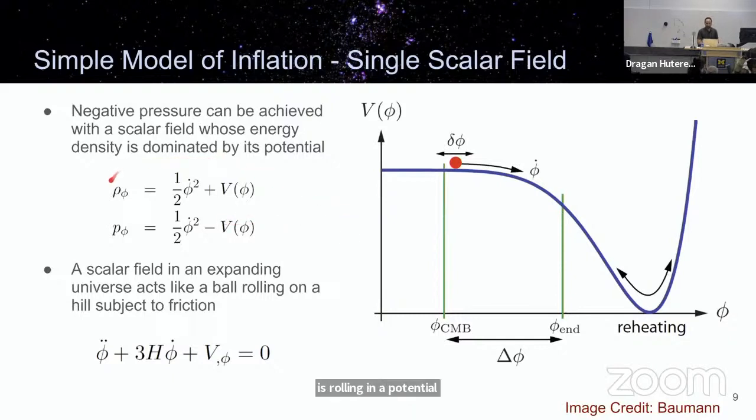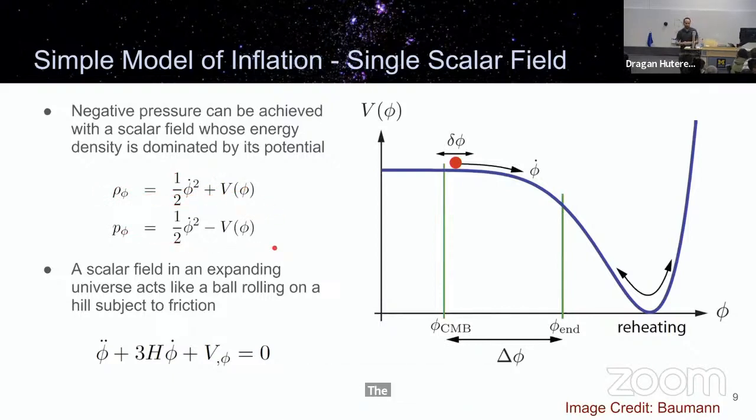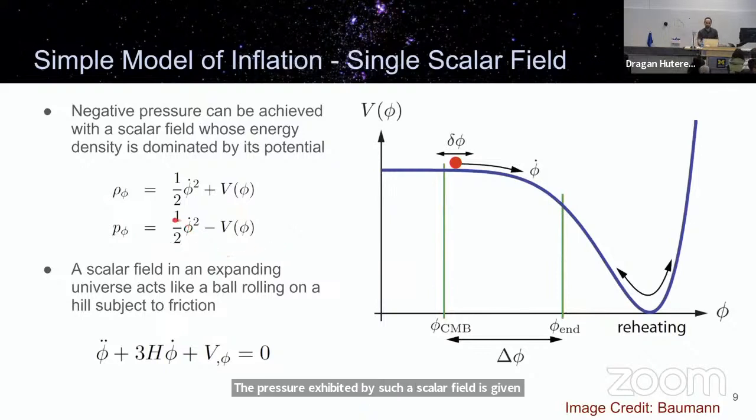The energy density of a scalar field rolling in a potential is given by a kinetic term, which is related to the scalar field velocity through field space, and the potential term. So very much like a ball rolling on a hill, the energy density is related to kinetic plus potential energy. The pressure exhibited by such a scalar field is given by the difference between the kinetic term and the potential term.